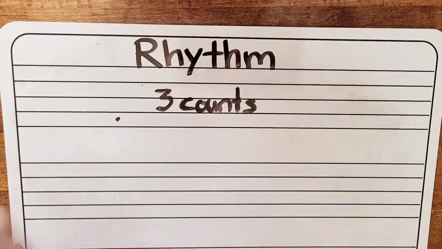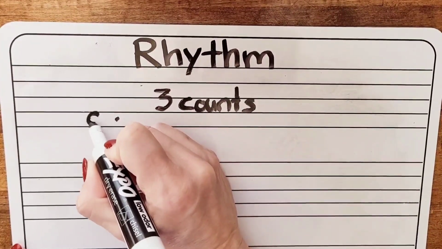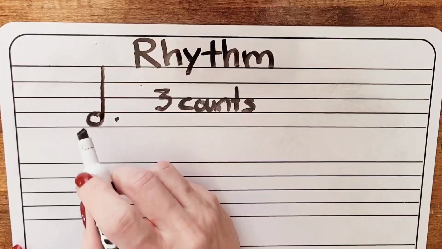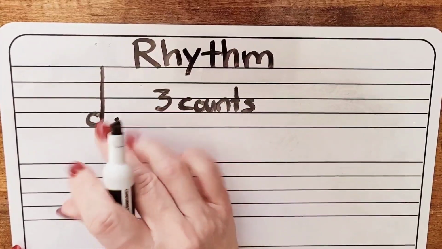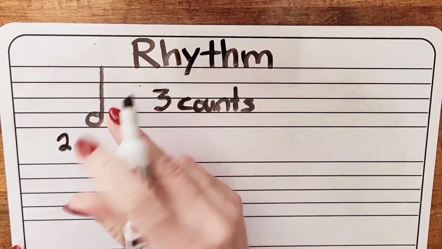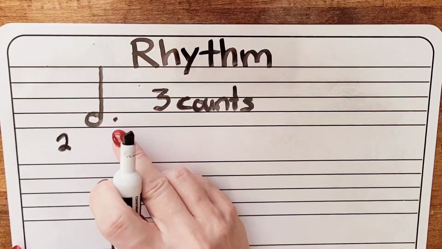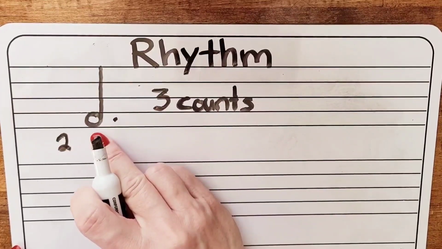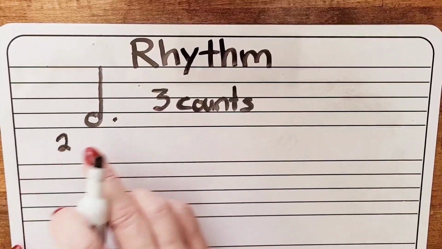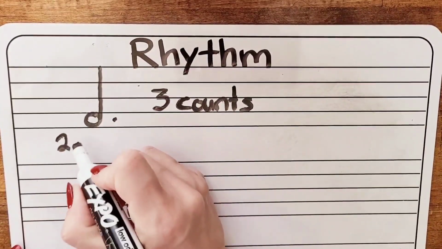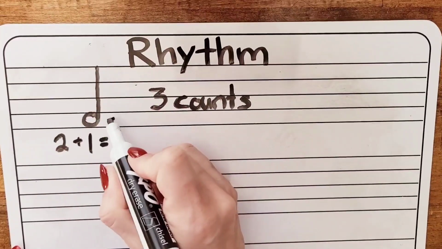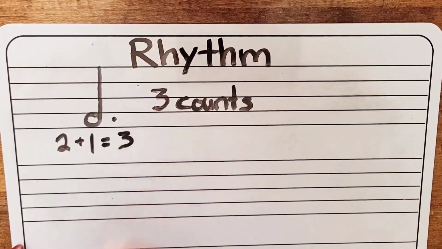So if I wanted 3 counts, I would do an open note head, making it a half note or a minim, which normally gets 2 counts. But with the dot, I am now taking that note, dividing it in 2. So what is 2 divided by 2, or what is 2 halved? It's 1. So that means that this with the dot would equal 3 counts.